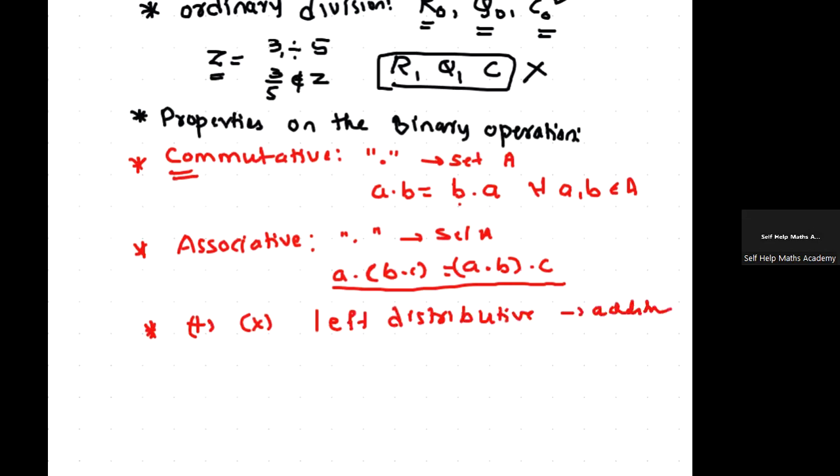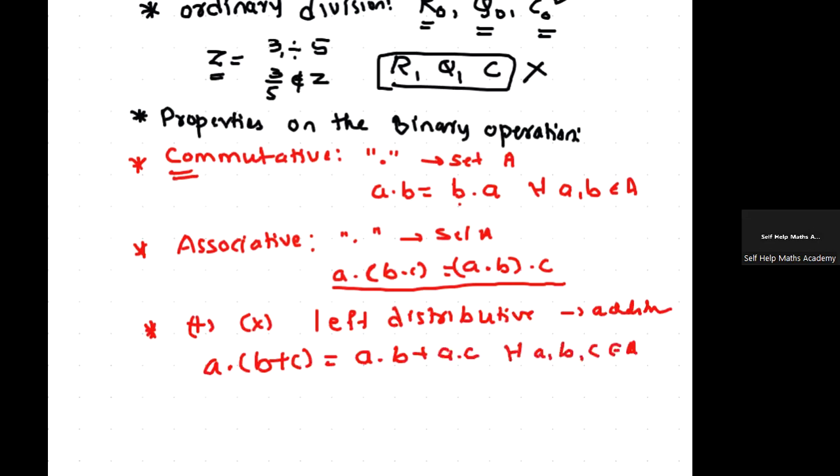It is denoted by A dot (B plus C), which is nothing but A dot B plus A dot C. This is valid for all A, B, C coming from the given set A.